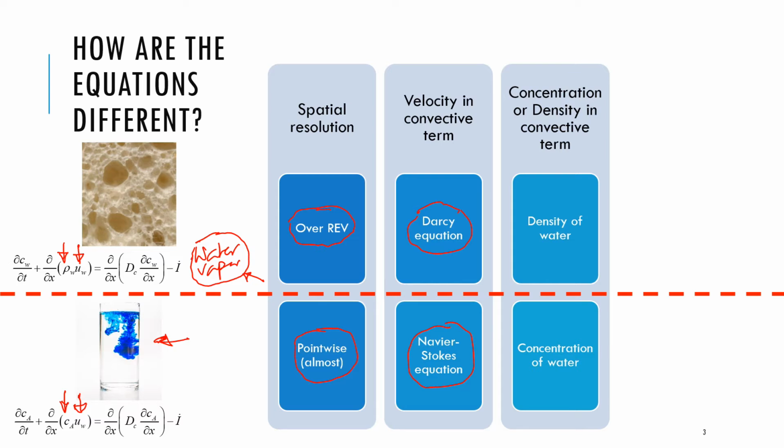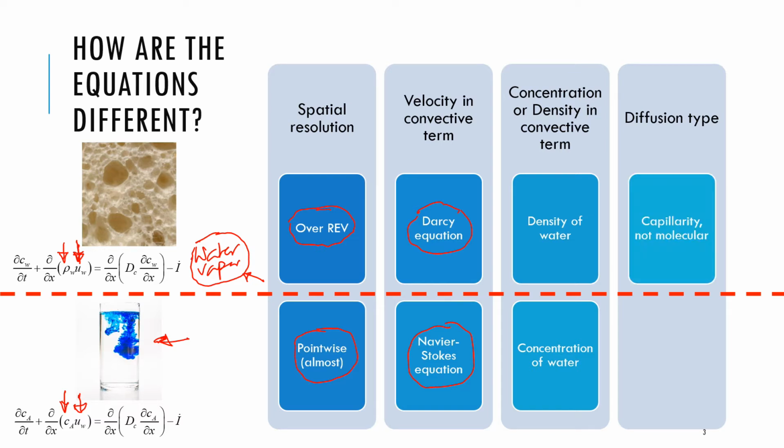It's because of how this velocity, the superficial velocity uw, is defined. It is effectively a volumetric flux, or the velocity of the pure component, and so it is multiplied by the density for that reason.